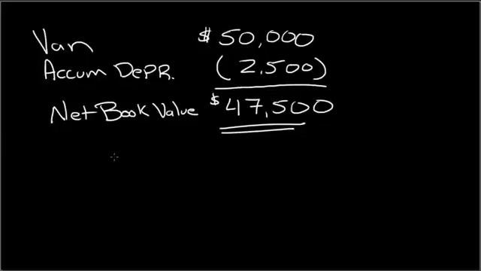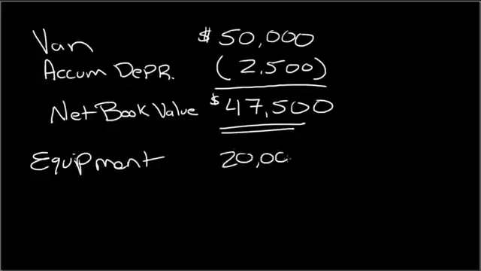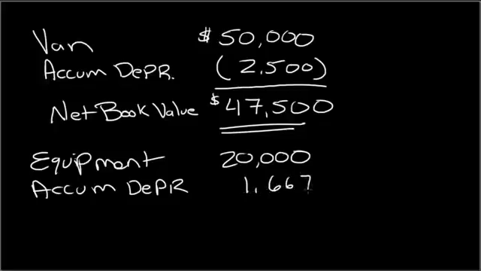Okay, with respect to the equipment, we're going to have the original purchase price of $20,000 less the accumulated depreciation of 1,667.